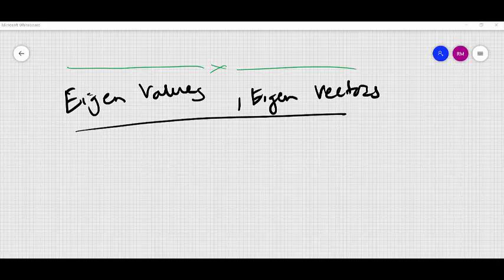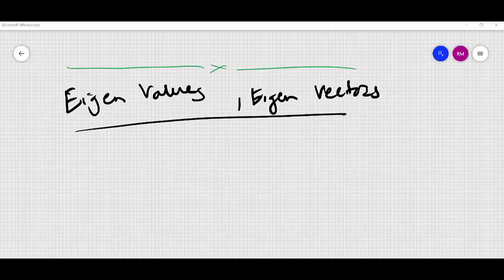Eigenvalue problems are among the most important problems in connection with matrices, and the student should follow our present discussion with particular attention. First we define the basic concepts and explain them with examples.